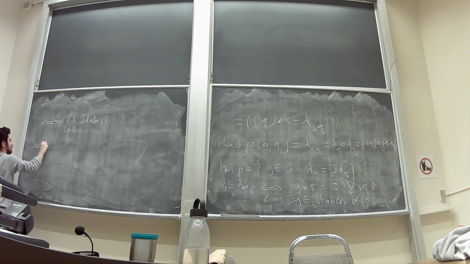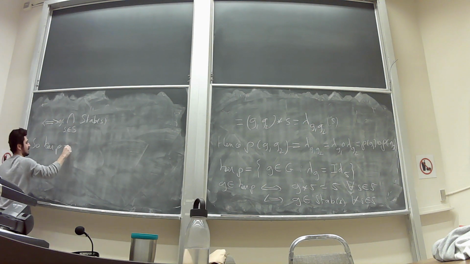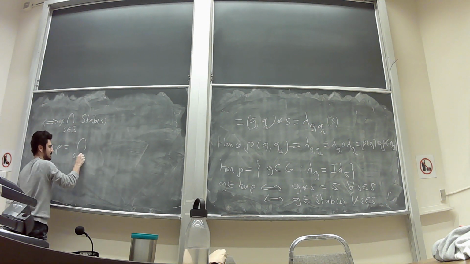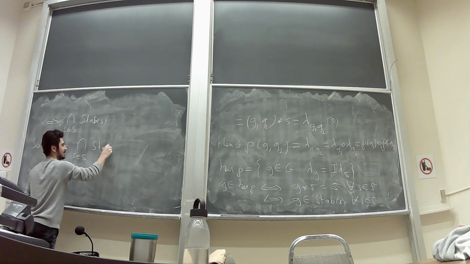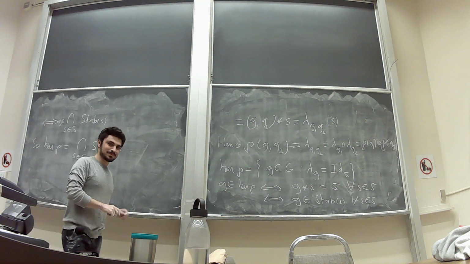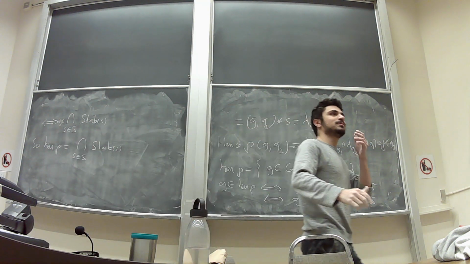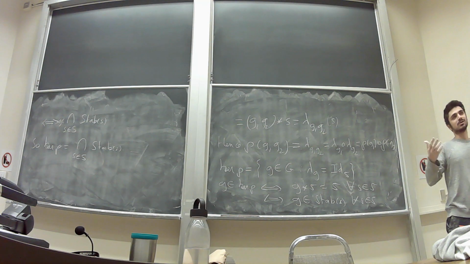So the kernel of rho is equal to the intersection of all the stabilizers.